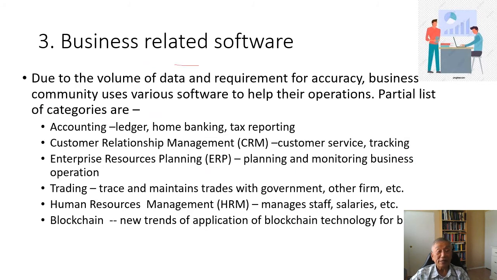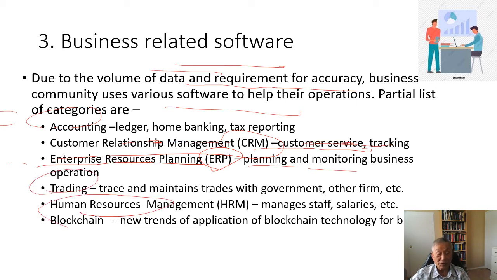Then business-related software, where there's the volume of data and the requirement for accuracy. The business community uses many software. Actually, you as a business major will need so many. Of course, there's accounting and CRM, that's customer relationship management, so customer service and tracking, and the enterprise resources, the ERP, for planning and monitoring business operations, and trading and human resources management.